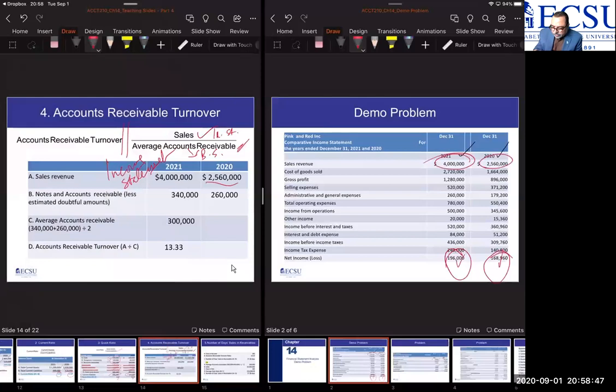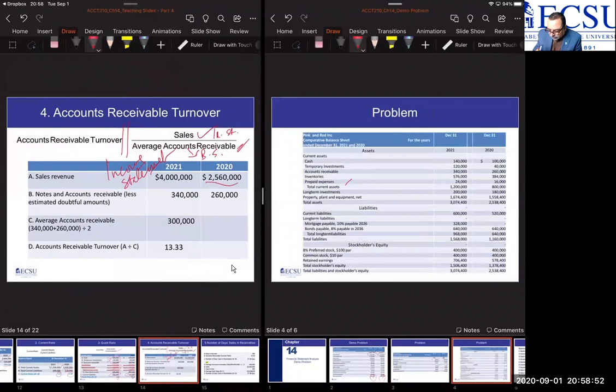And then if you go to the balance sheet, it shows that you have accounts receivable of 340,000 and 260,000. If I average this, that will be this plus this divided by 2, I get 300,000. And therefore, I get a turnover ratio of 13.33.